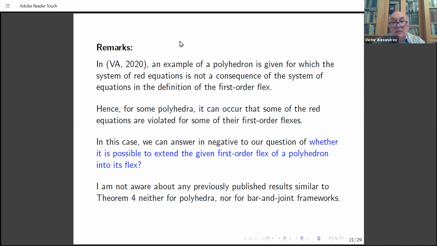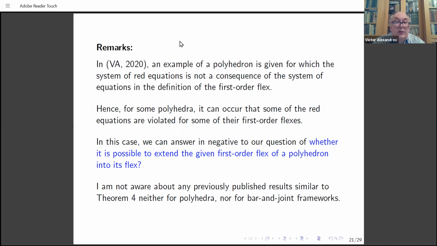So according to the definition, the first order flex exists and we can calculate it and verify that it is a first order flex, but it does not satisfy the red equation. In this case, we can answer in the negative to our question of whether it is possible to extend the given first order flex of a polyhedron into its flex. The answer is negative. No, it is not possible.